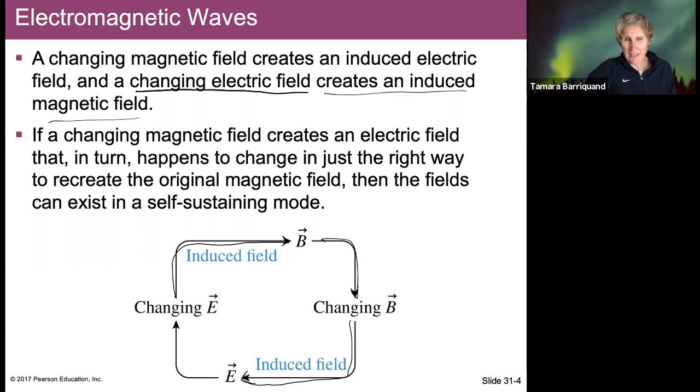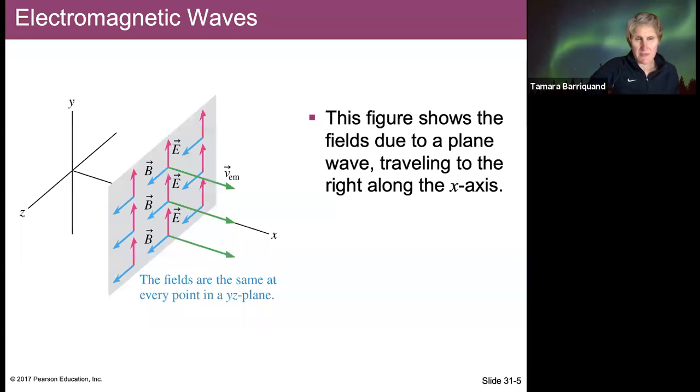So based on that assumption, now we want to see how this would work. Well, if our electromagnetic waves are self-sustaining, then the idea would be that they are planar waves. So if they're planar waves, what does that mean? The figure here shows fields due to a plane wave traveling along the x-axis.